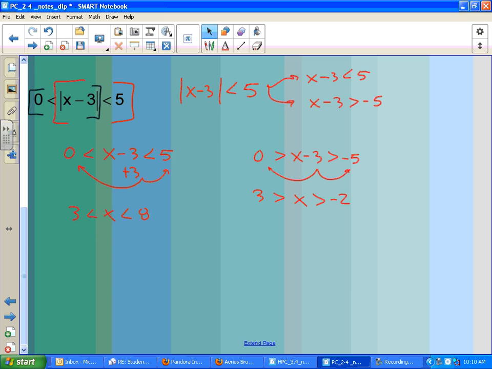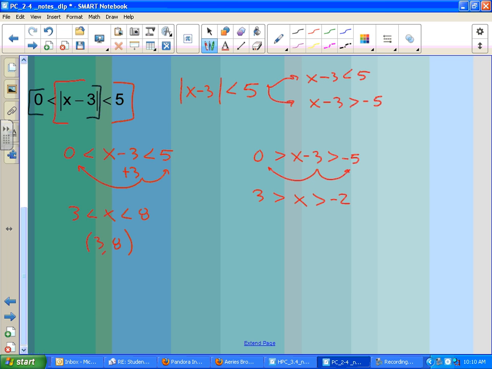All right, so let's see what we get here. In the inequality notation, this is saying I'm going to be between 3 and 8. What's the problem with that one, the way it's written right now? It's got to be switched, doesn't it? I have a big number on the left, small number on the right.